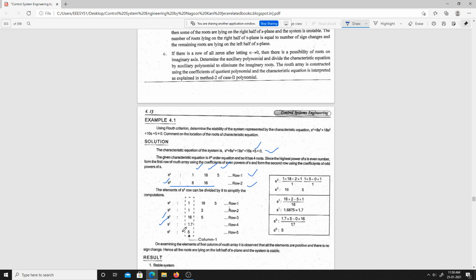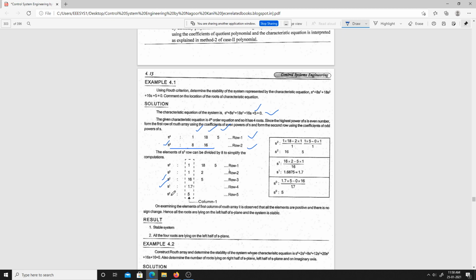For s power 1 we get 16 into 2 minus 5 into 1, by 16, which is 1.7. Only one element here, and the next element we won't have, because there is no element over here.